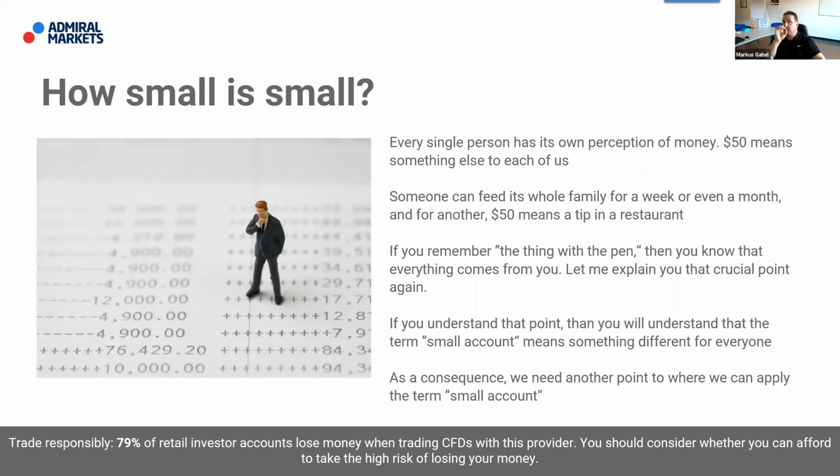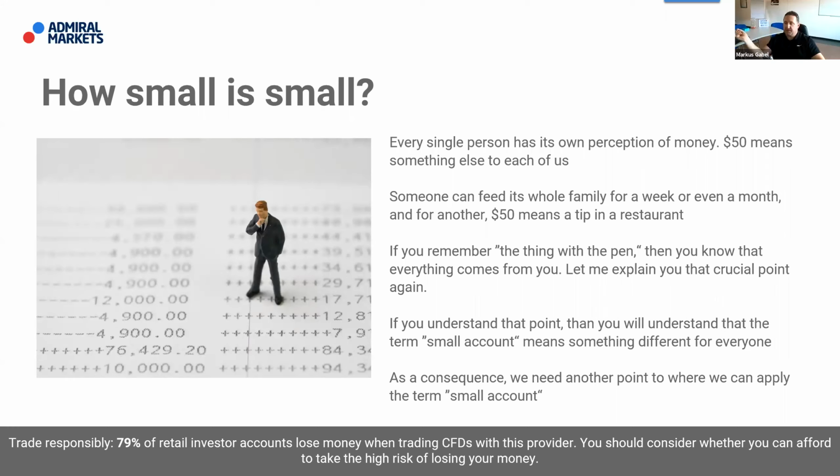If you go home tonight, have a seat, close your eyes, and think about this really, really old, ancient wisdom. This is the thing with the pen. Everything comes from you. Even the way you think about your account size.